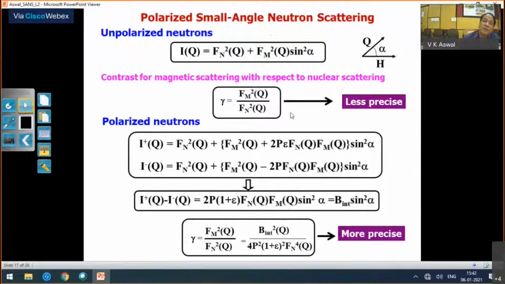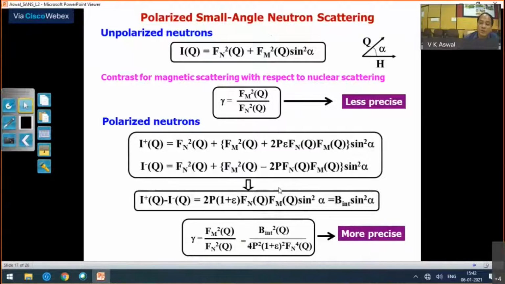However, you can make it more precise when you use polarized neutrons. So plus state, this is the scattering law, and minus state, this is the scattering law. And what is important is when you subtract, I plus Q minus I minus Q, you get a term where your nuclear scattering is now multiplied with the magnetic scattering.